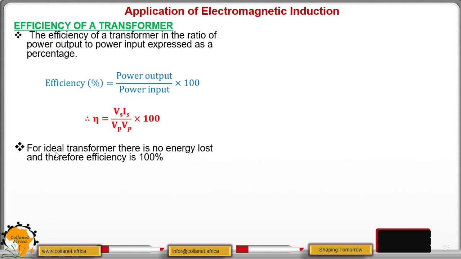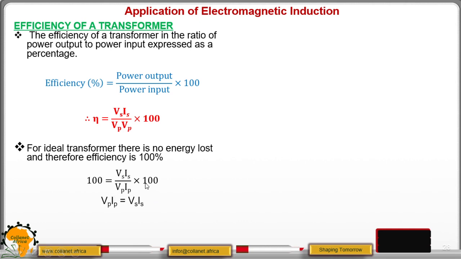When we talk of an ideal transformer, we assume that there is no energy lost, and therefore the efficiency of an ideal transformer will be 100%. If that is the case, then 100 equals Vs multiplied by Is divided by Vp multiplied by Ip, then multiplied by 100.